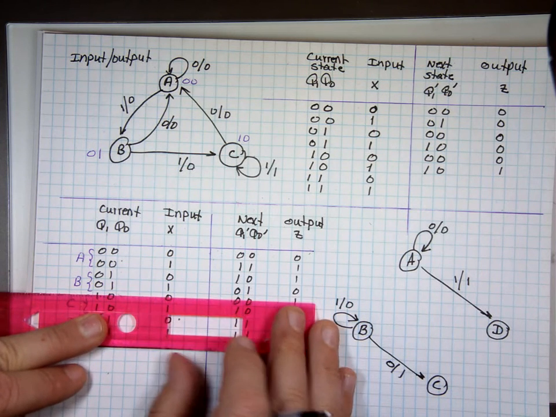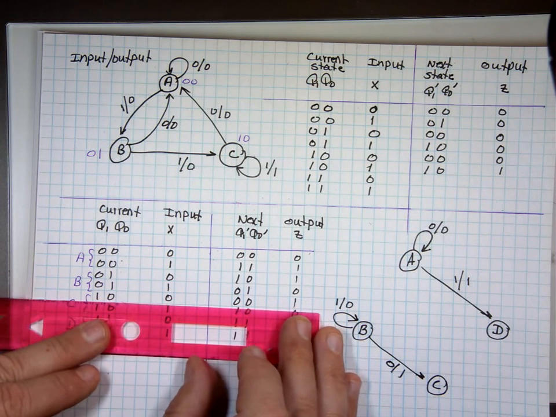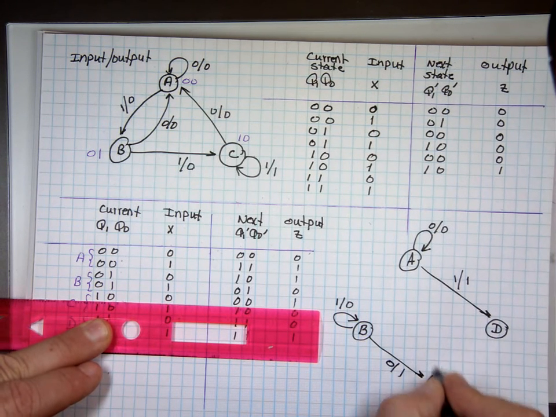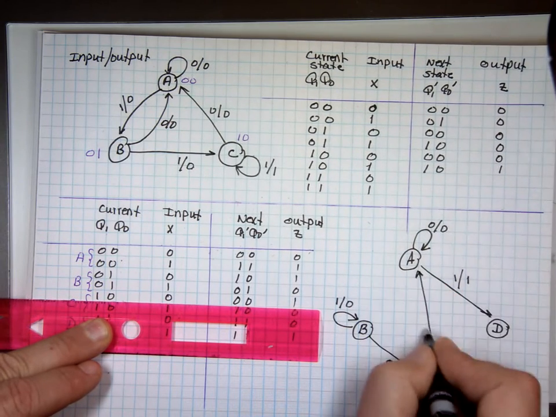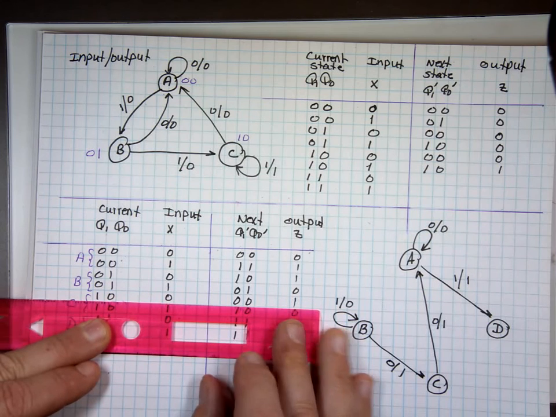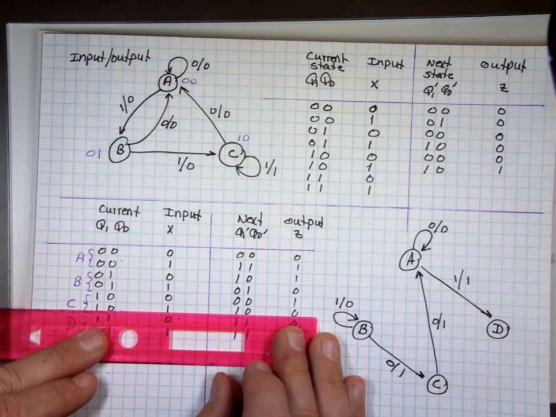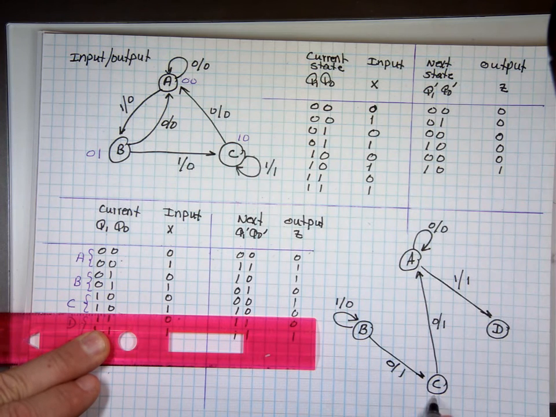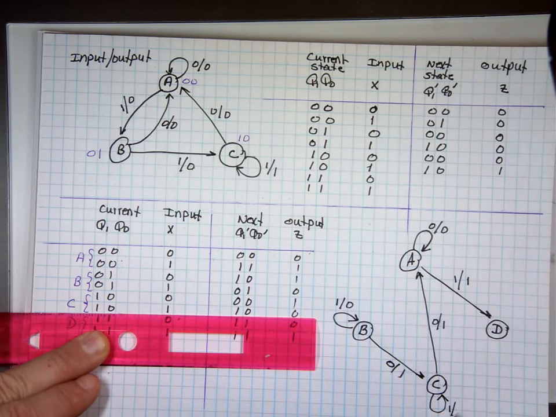If I'm at 1, 0, that's state C, and I put a 0, I go where? And you get a 1. If I'm at 1, 0 and I put a 1, what happens? Stay there. Your output is 0.